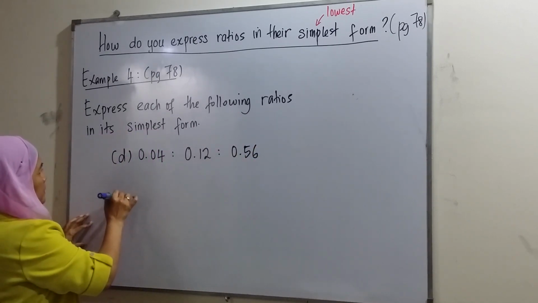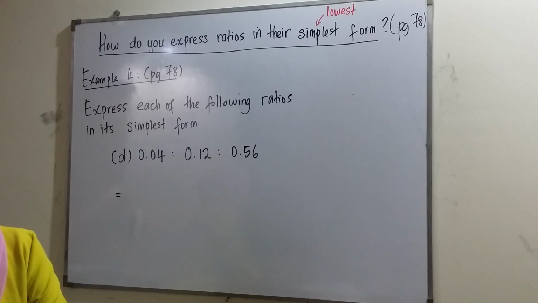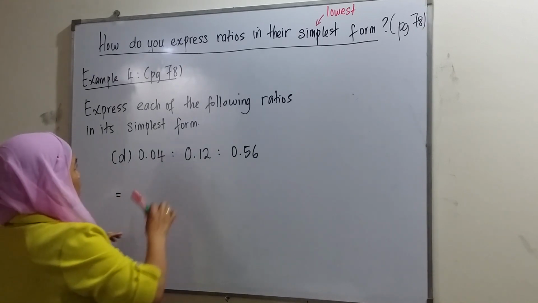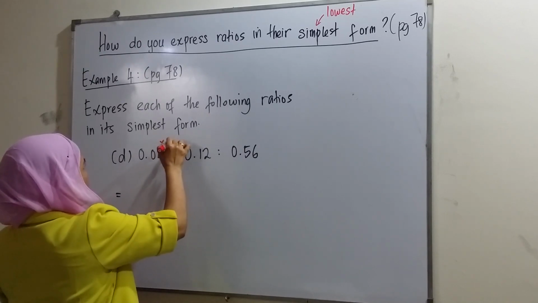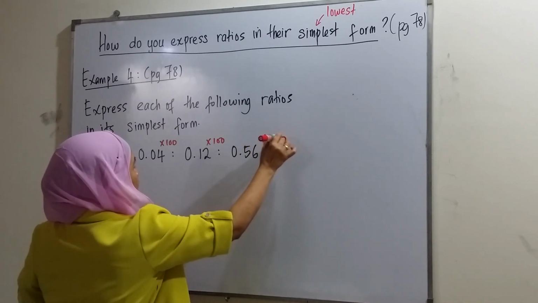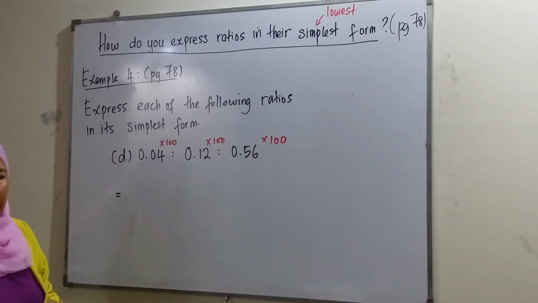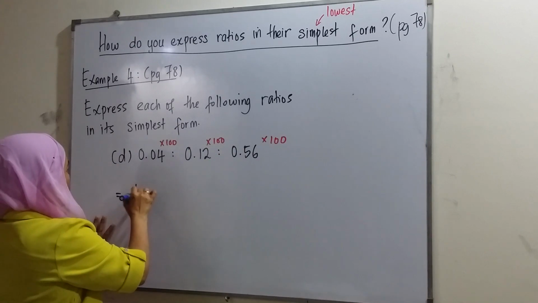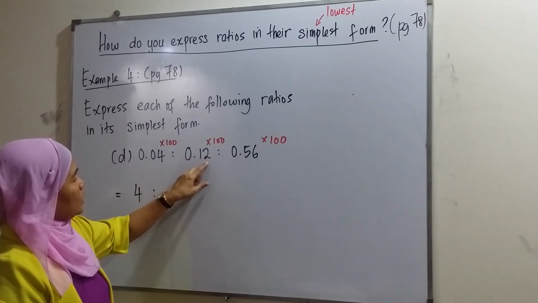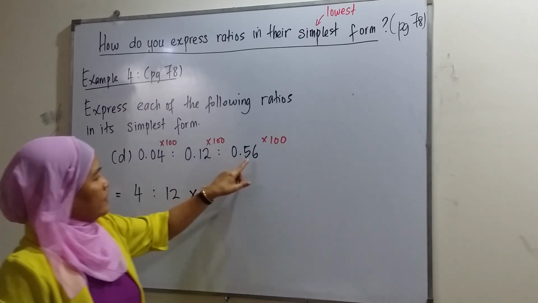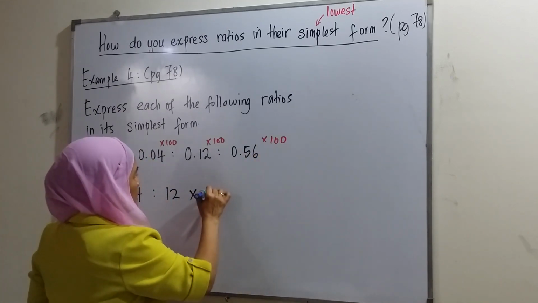Okay, this one. This is decimal. To get rid of decimal, you have to multiply with 100 here. And this is also multiply 100. This is also multiply 100. So 0.04 multiplied by 100, the value is 4. 0.12 multiplied by 100 is 12. 0.56 multiplied by 100 is 56.